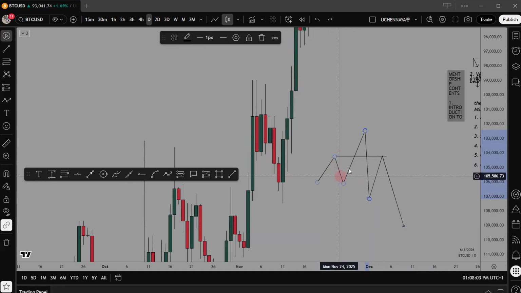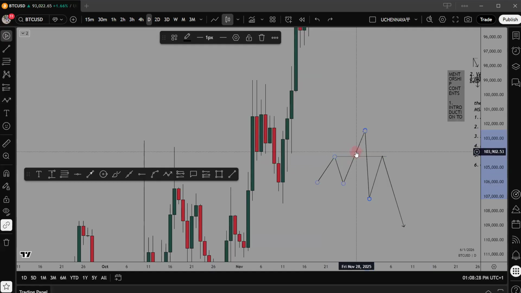See, the resistance gets broken, turns into a support, turns into an SBR, turns into an RBS. A resistance that gets broken turns into a support, and that is RBS.